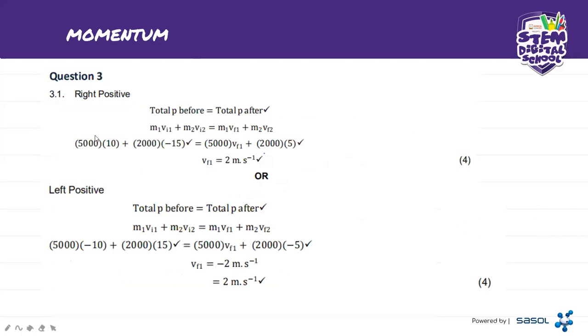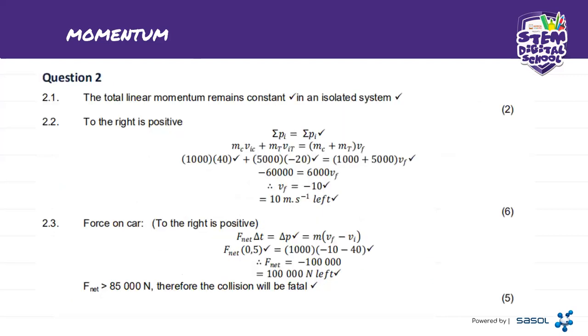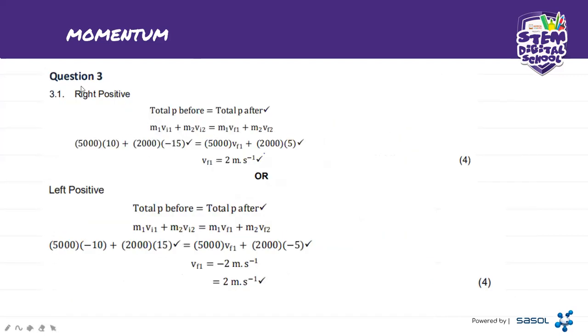So this one is the 5,000 because here it's the before, right? So before you have your 10 meters per second because it's this car that's going this way. Remember, we chose right side as positive, and then minus 15. In this case, our 15 is a negative. And see here, we chose right as positive. And that will be equal to, we're looking for the final velocity.